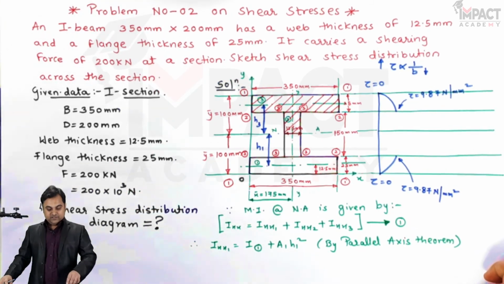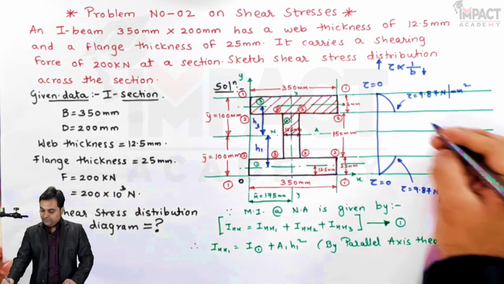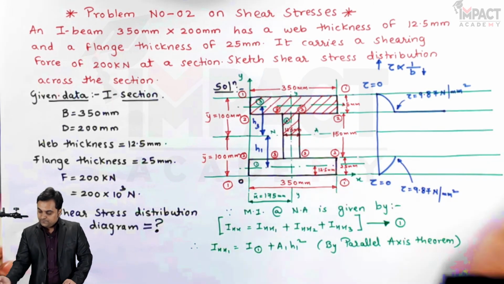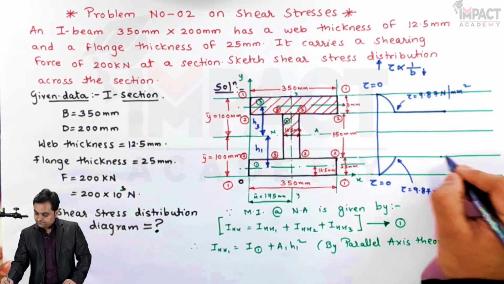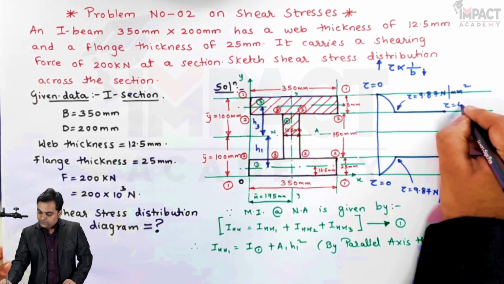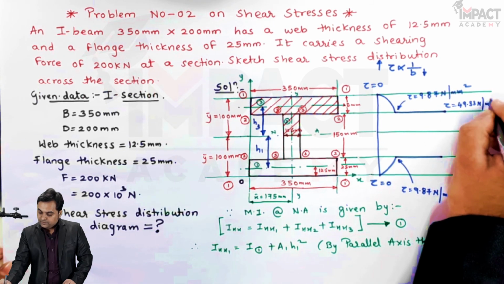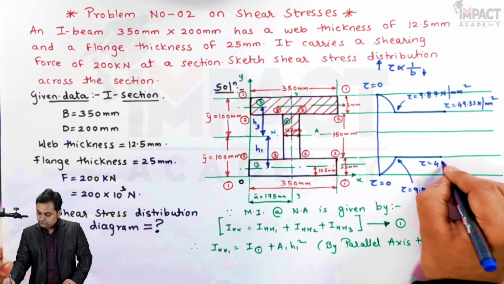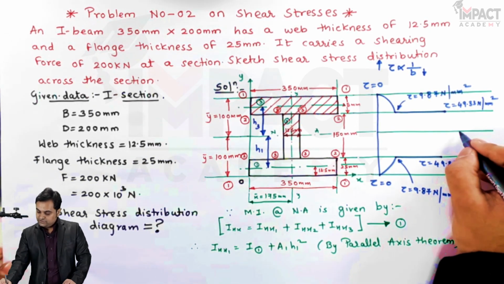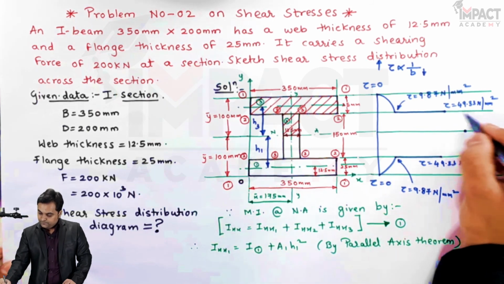Then as we see here, from layer second to layer third, the width decreases suddenly. So shear stress increases suddenly at layer third and having the value as 49.33 Newton per mm square. Then at the neutral axis, the value is highest, which is 433.44.